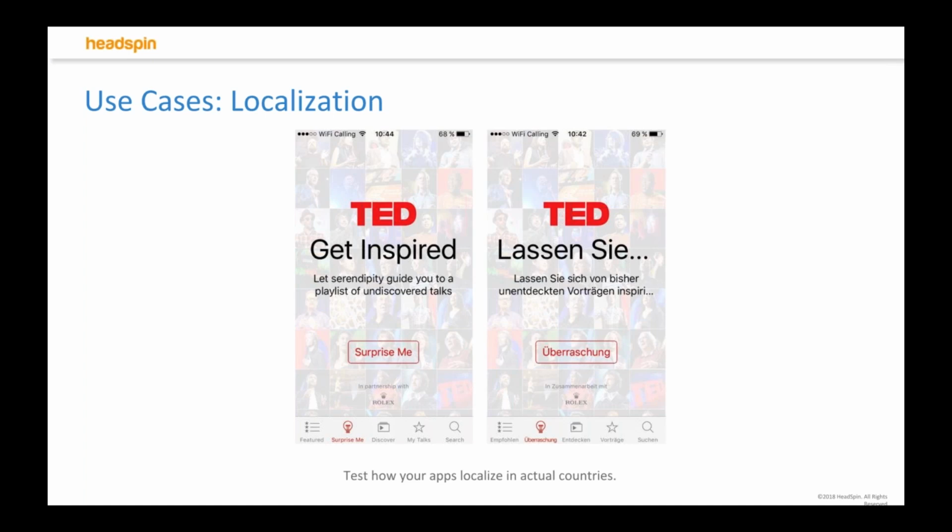The first one, which is always a challenge for apps that have an international focus, or for an app developer trying to expand into emerging countries, is being able to localize correctly. This is actually a real screenshot from the TED mobile app for iOS from just 2 years back.